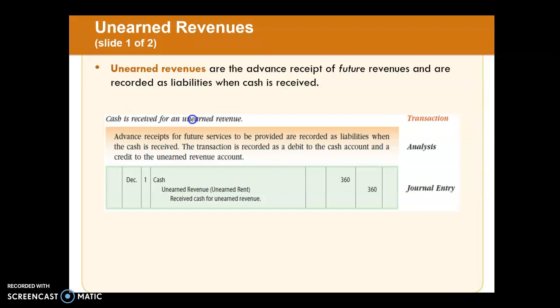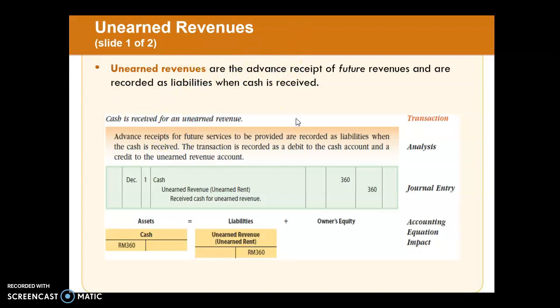So on 1st December, what will happen at the end of the month? This is the journal entry. This is the account. The account shows that your cash is 360 debit, unearned revenue credit.